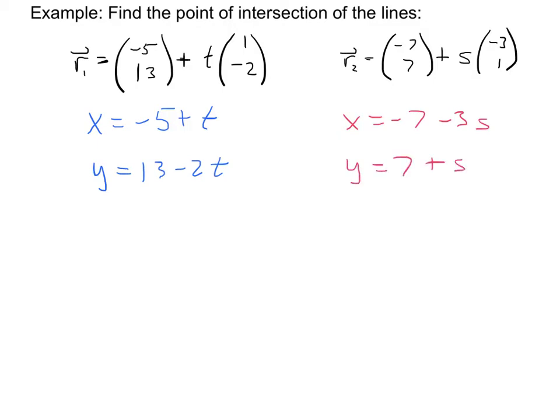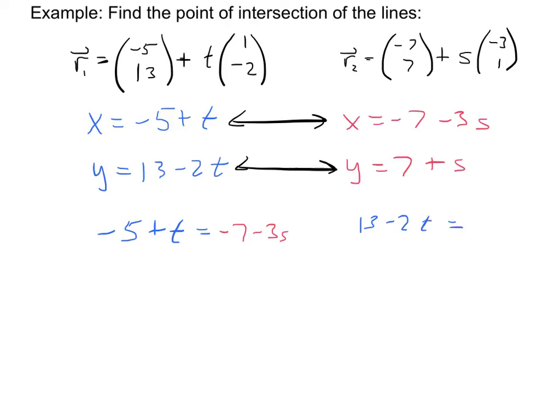Now the idea is, if these lines are really going to intersect, then the x coordinates need to be equal to one another, and the y coordinates need to be equal to one another. So I'm going to do just that. I'm going to write -5 plus t is equal to -7 minus 3s, and I'm going to write 13 minus 2t is equal to 7 plus s.